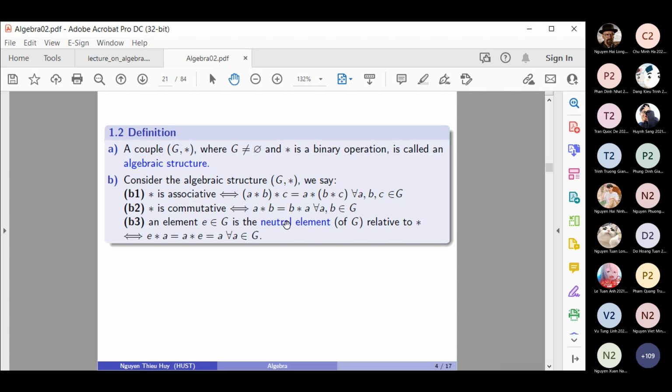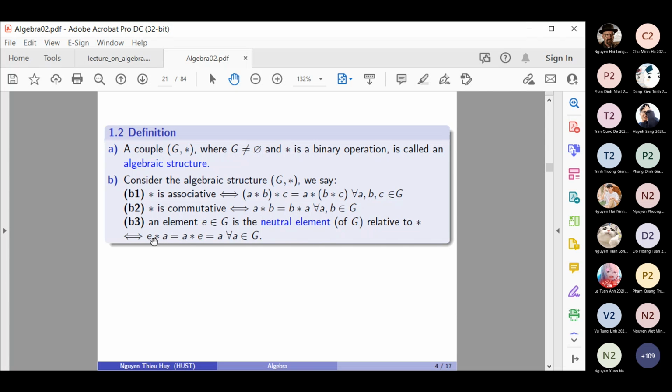As a next property that I want to show you here, an element E in G is called the neutral element of G relative to this operator star if and only if E star A is the same as A star E, the same as A, for all A in G. So a neutral element has the meaning that it doesn't change the other elements.